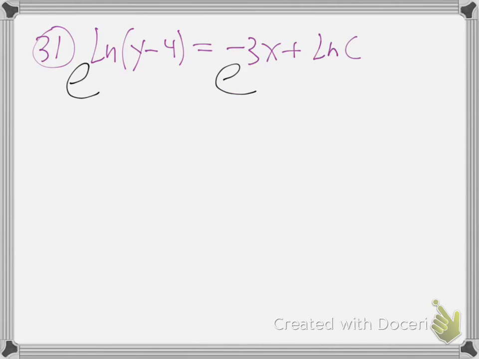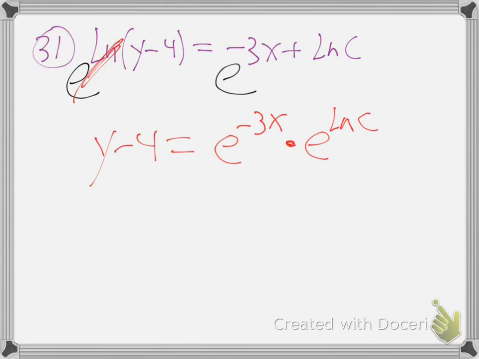All right, and now make that two E's on the right side. So on the left side, these just cancel. No big surprise there. On the right side, make it two different E's multiplied.